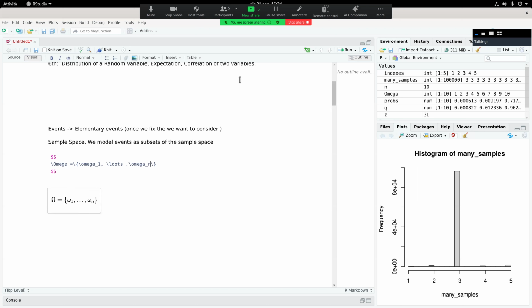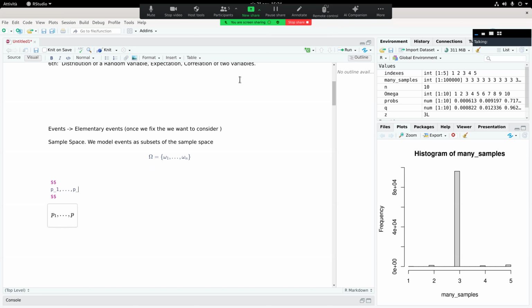And we have defined probabilities on omega. To define a probability, we fix simply n numbers with the only restriction that each p_i is in [0, 1], and they sum to 1.